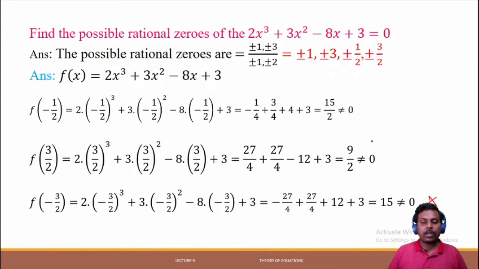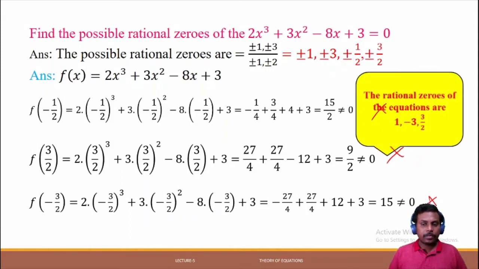So these are not rational zeros of the given polynomial equation. So we have got all the 3 rational zeros. The rational zeros of the equation are 1, minus 3, and 3 by 2 actually.